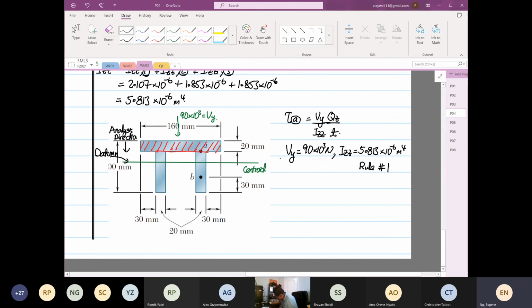So Qz is equal to the width times the depth multiplied by y bar. Now the y bar is from where? Y bar is from the datum.